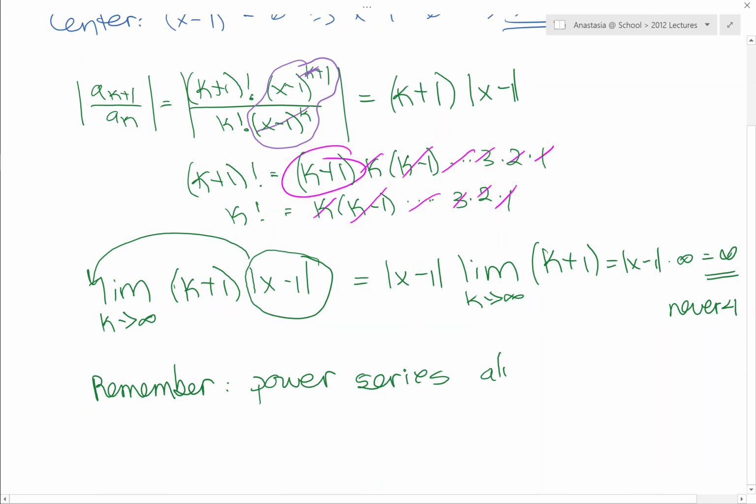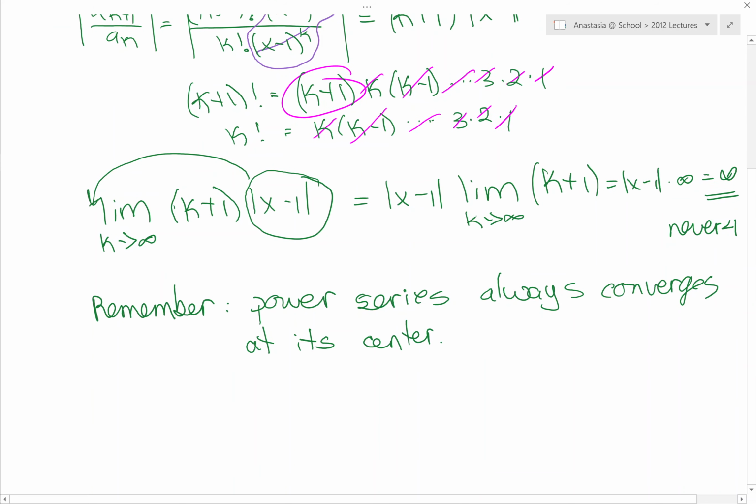Power series always converges at its center. So this result says it's not going to converge for any other x values, but it will still converge at its center.